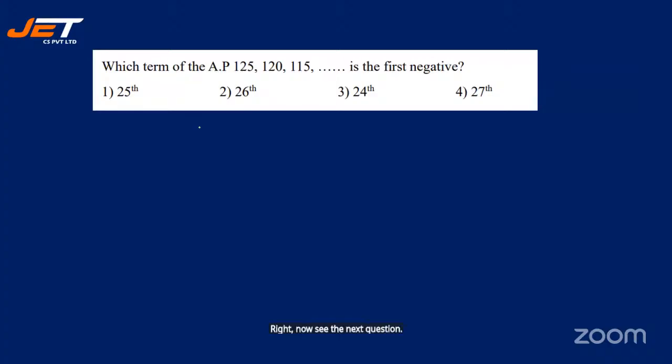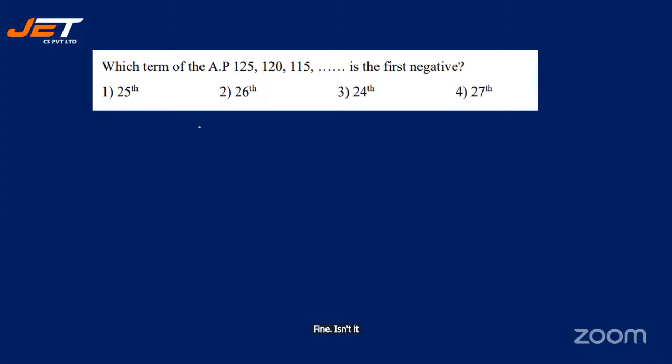Which term of the AP 125, 120, 115 and so on is the first negative? Right, so which term is the first negative? The easier way to do it: the common difference is 5, isn't it?